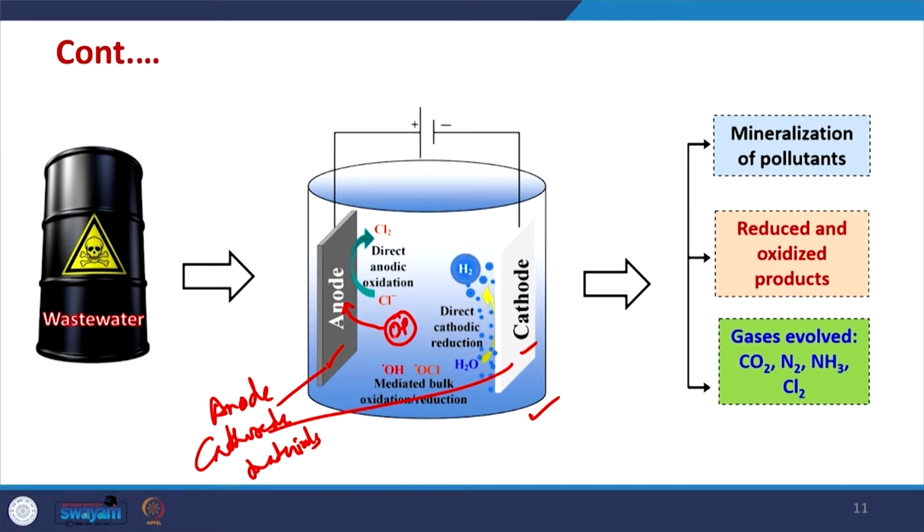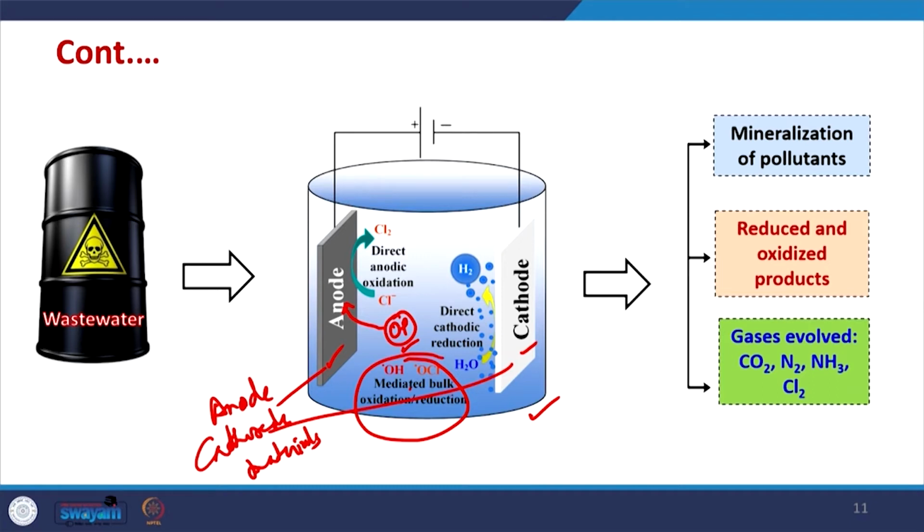Similarly, if it is possible to reduce it, it may go onto the cathode and get reduced. Now, the anode and cathode in combination produce a lot of bulk reactive oxidation species, and they also oxidize the organic pollutant present in the water. This is called indirect oxidation.